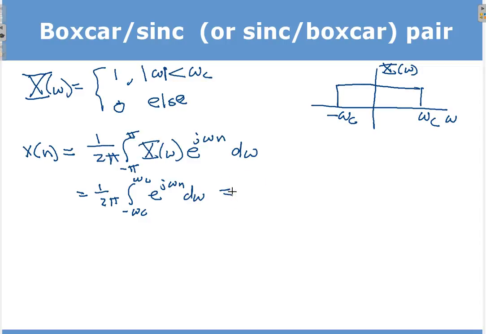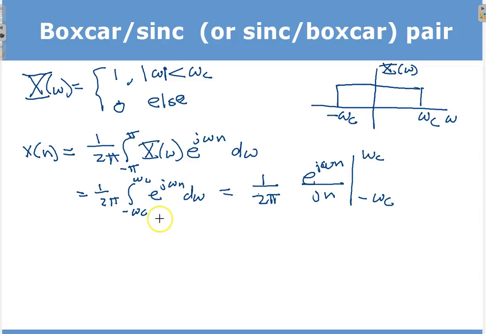Okay, and then you do the integral, so we have this constant of 1 over 2 pi we're carrying along. And then the integral of the exponential is e to the j omega n over jn, from calculus, evaluated from minus omega c to omega c.